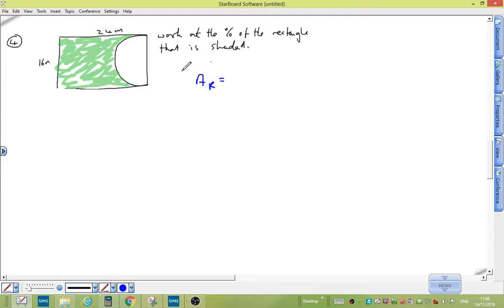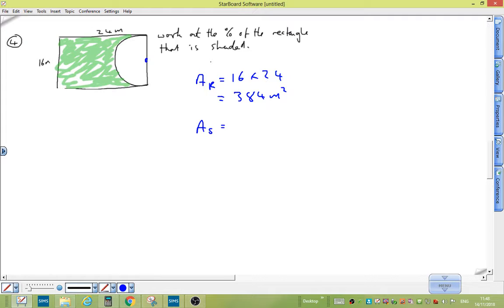So there's not just one way of doing it, and it is 16 times 24. So 20 times that is 320, and 4 times that is 64. Add together, am I right in saying 384? And it is meters squared. Okay, the area of the semicircle. So I've got a full circle.